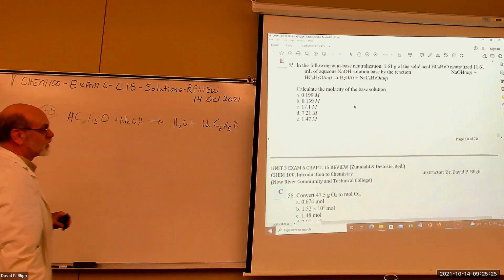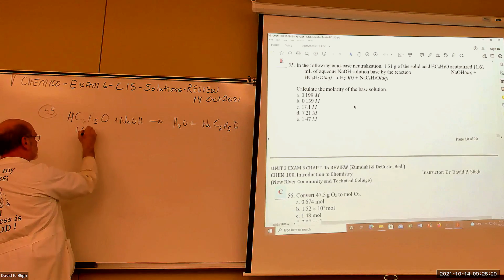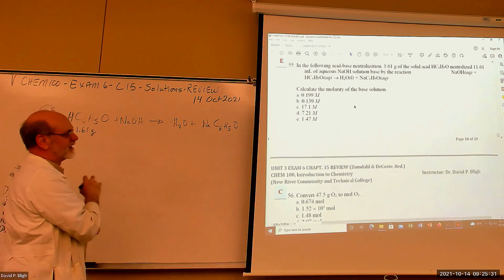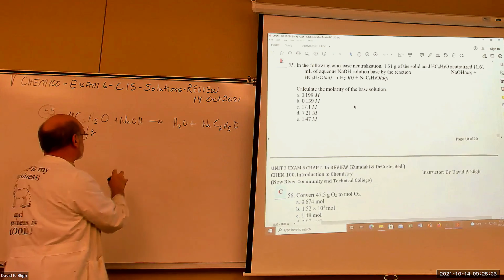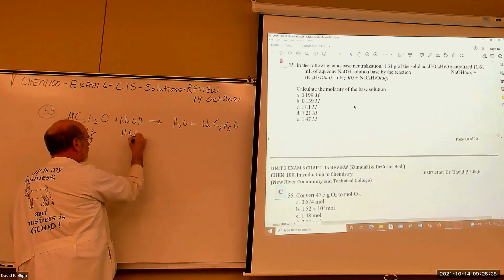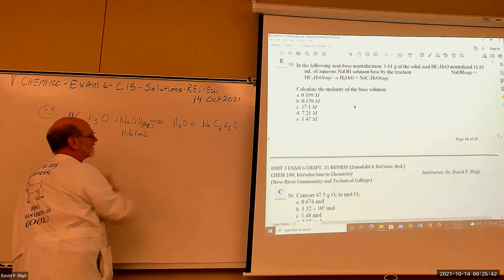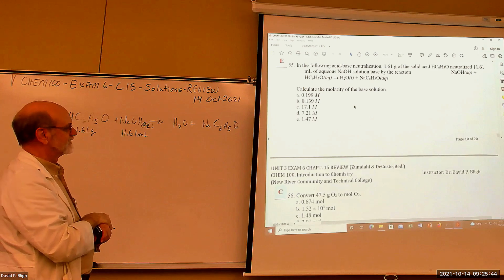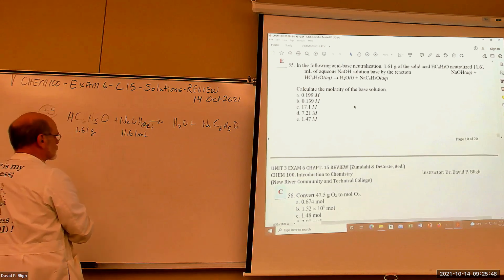Okay, so now what are we doing? 1.61 grams of the solid. All right. And 11.61 milliliters of this solution. All right. What's the molarity of the base solution?